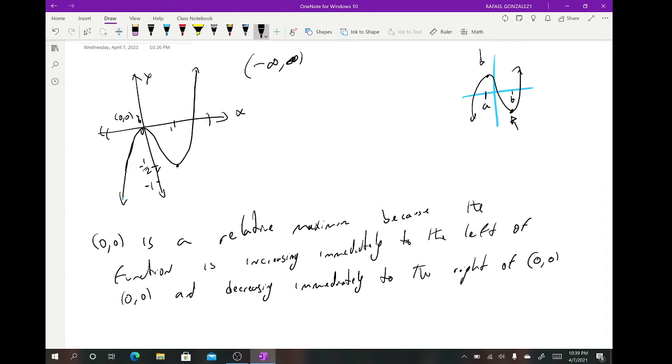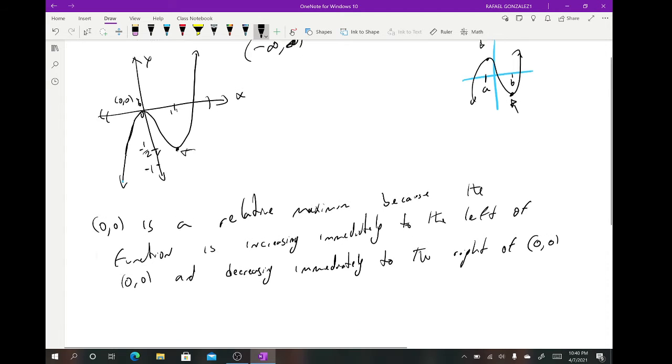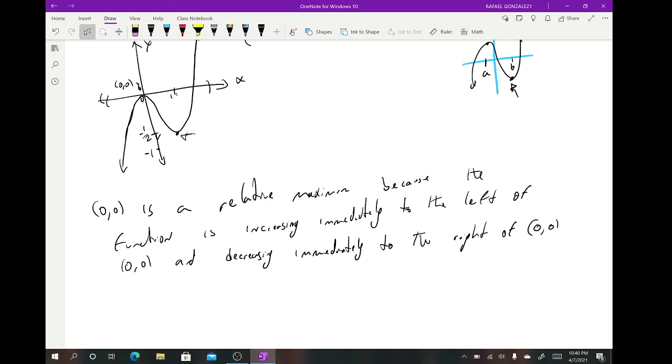This is the same as this point down here, let's say 1, -1/2. This is a relative minimum because the function is decreasing immediately to the left of 1, -1/2, and it's increasing immediately to the right of the point 1, -1/2.